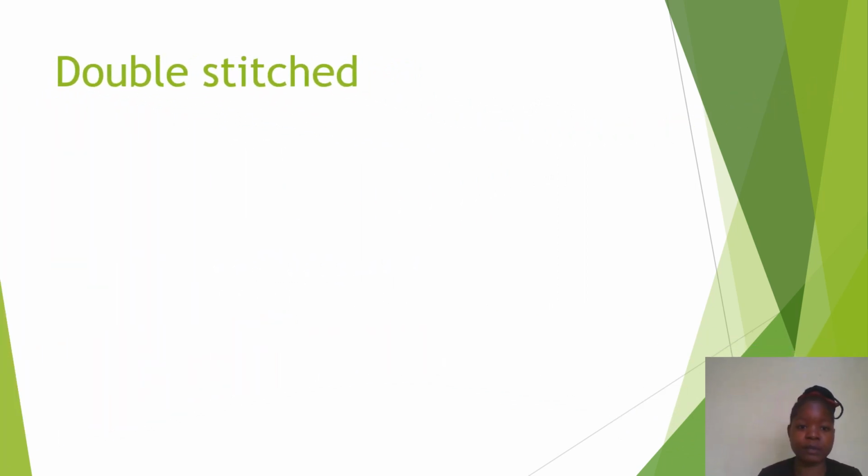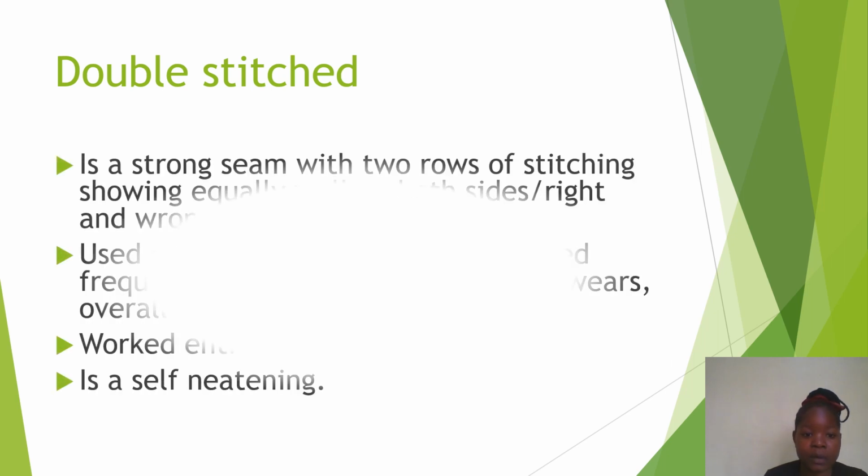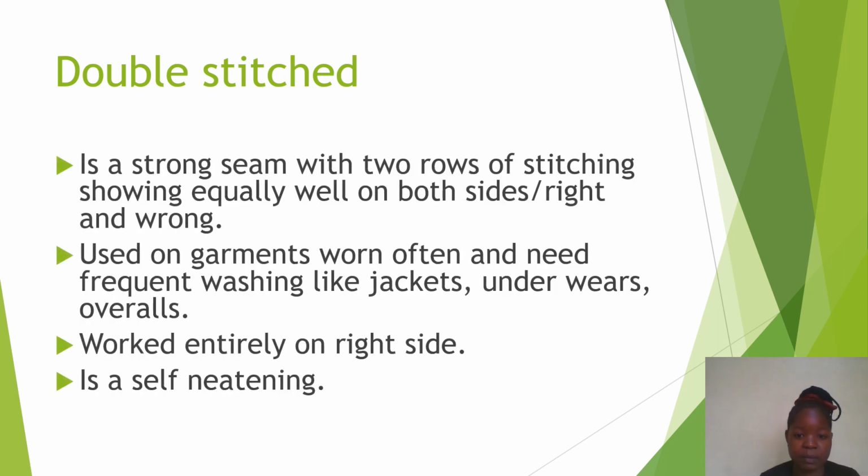Another type of seam you have is the double stitch. Double stitch is a strong seam with 2 rows of stitching showing equally well on both sides. It is used on garments worn often, for example, school uniforms of students in high school and even primary pupils, which are usually worn often, so double stitch can be suitable for their garments.